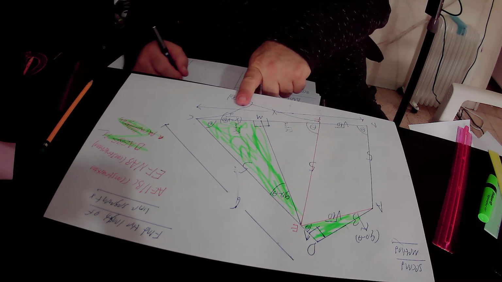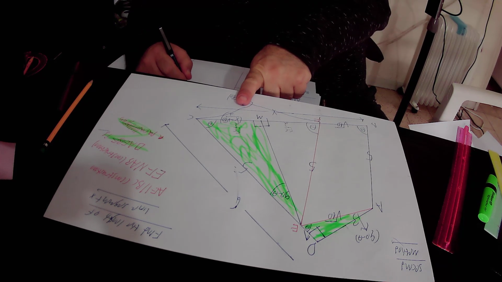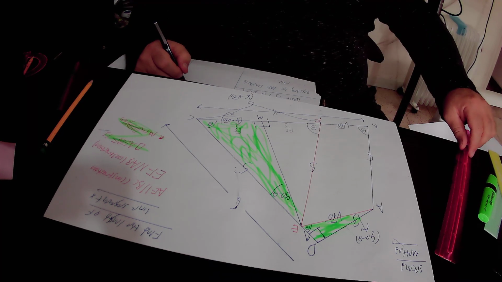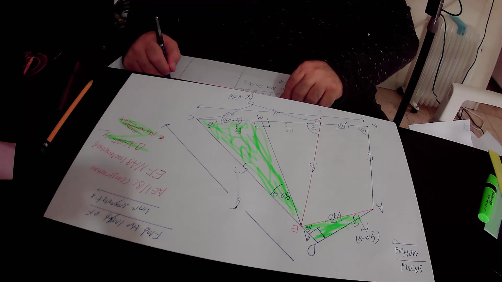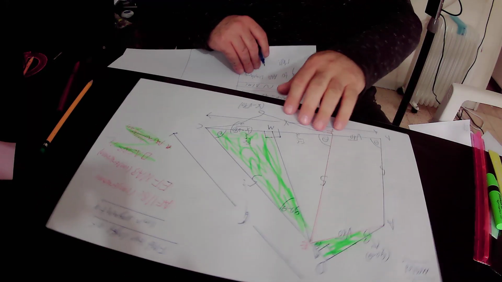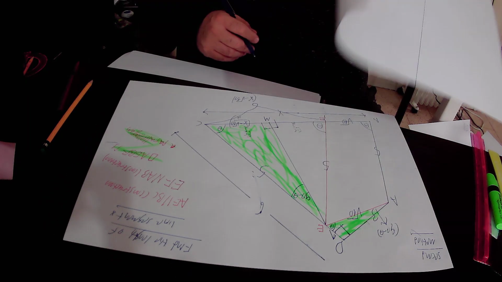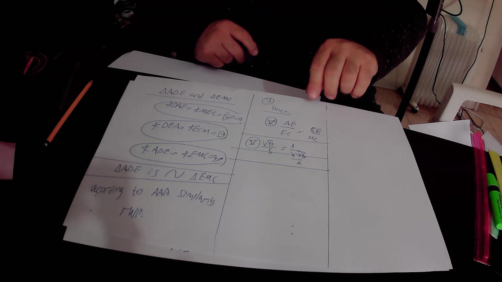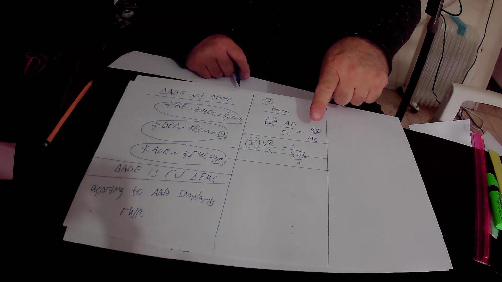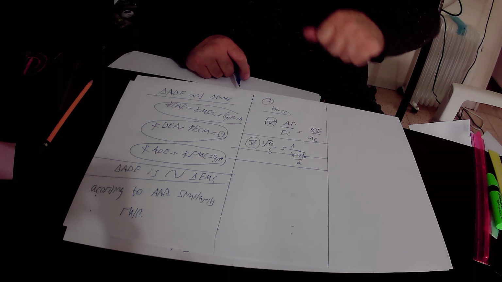And we have already found out that MC equals x minus square root of 10 over 2. So in conclusion, according to equation number 5, square root of 10 over 5 equals 1 over x minus square root of 10 over 2.